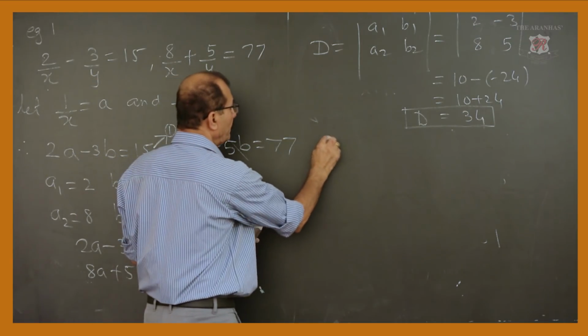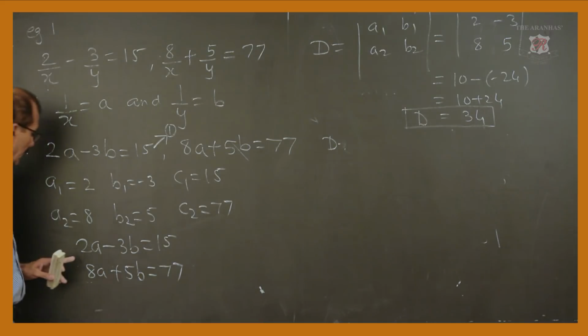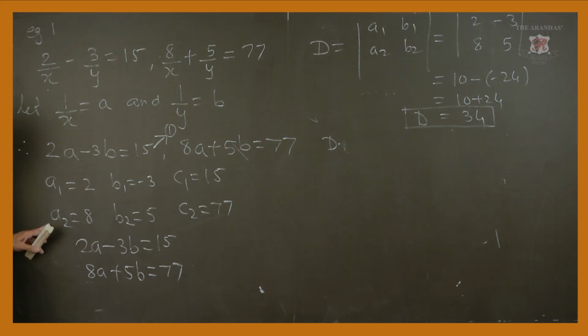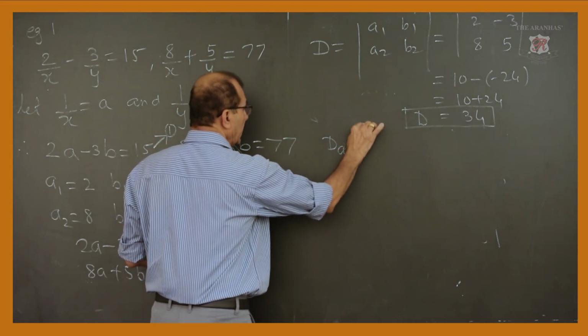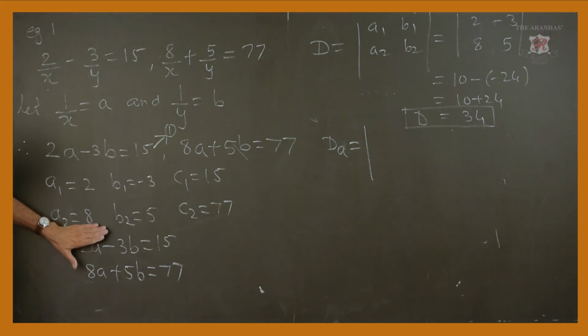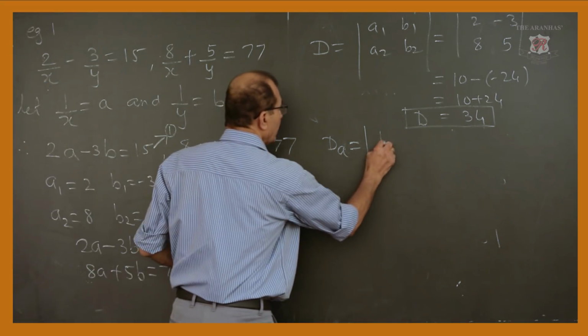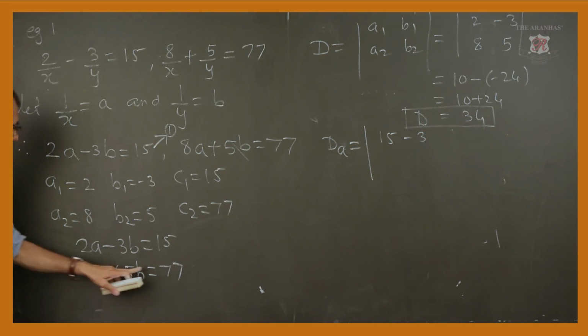Now we will find the value of dA, the equation in terms of A and B. For dA, you have to drop the first column, that is the A variable. What you get is 15, minus 3 and 77, 5.